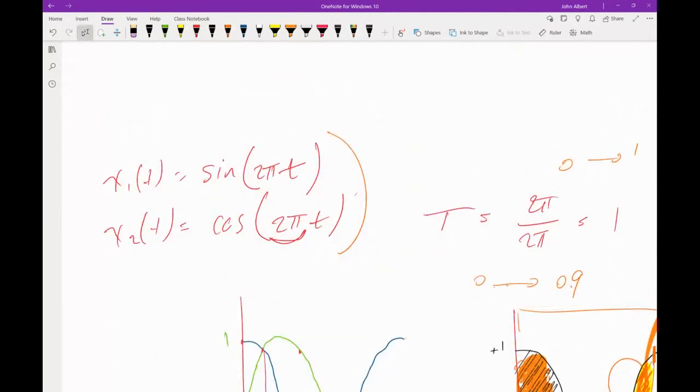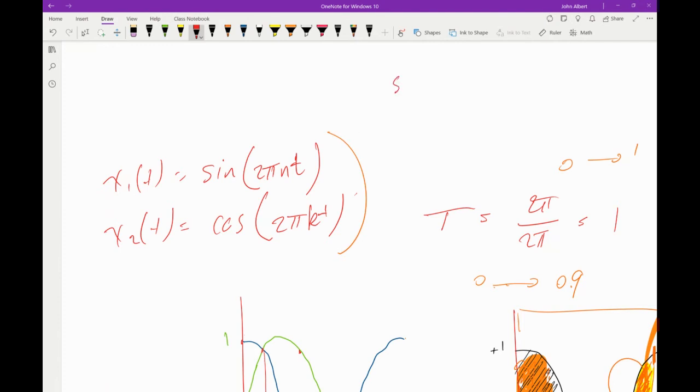Now I'm going to give you something that you need to understand in here. In fact, sine 2 pi nt is orthogonal with cosine 2 pi kt for any integer value of n and any integer value of k that are not equal to each other.